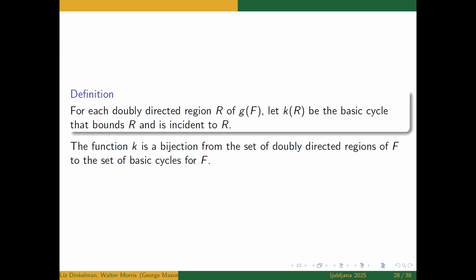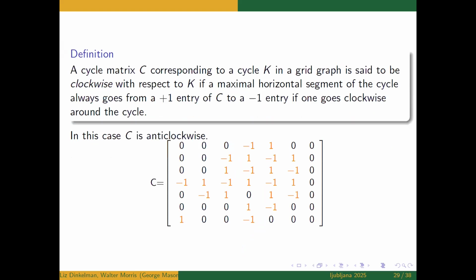But for each doubly directed region R of G of F, we'll let K of R be the basic cycle that bounds R and is incident to R. So the function K is a bijection from the set of doubly directed regions of F to the set of basic cycles of F. Now, this cycle matrix that we looked at originally is an anti or counterclockwise, for you Americans, cycle.